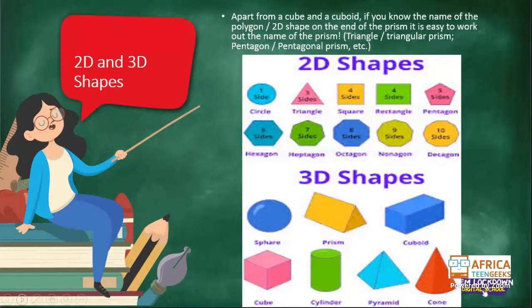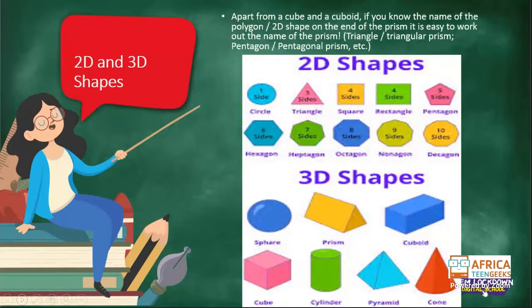The triangle has three sides and three corners. For a square, there's four sides. A rectangle, there's four sides. A pentagon has five sides. A hexagon has six sides. A heptagon has seven sides. An octagon, eight. A nonagon, nine. And a decagon has 10.